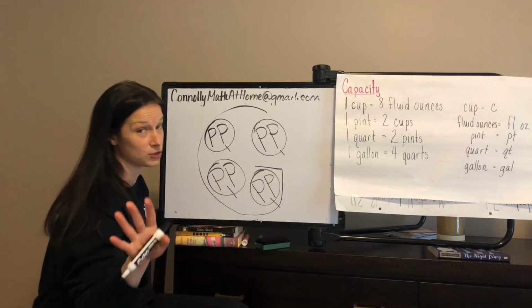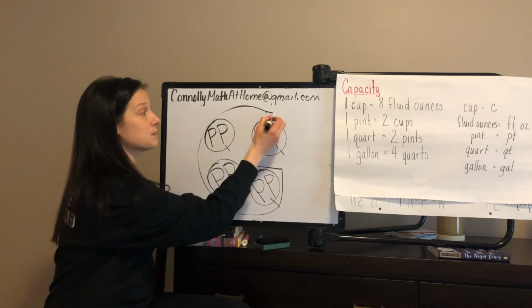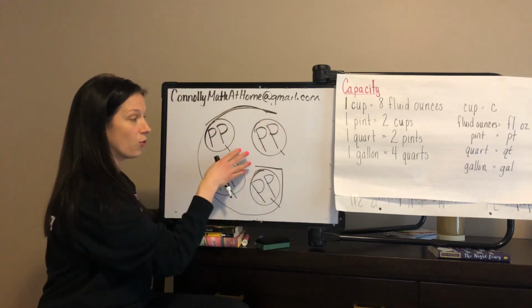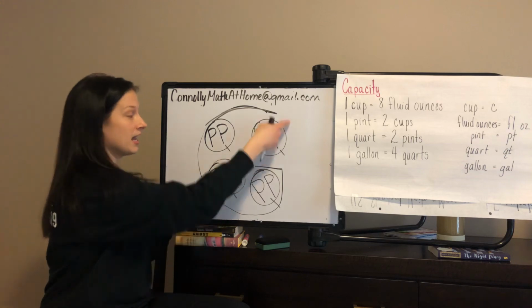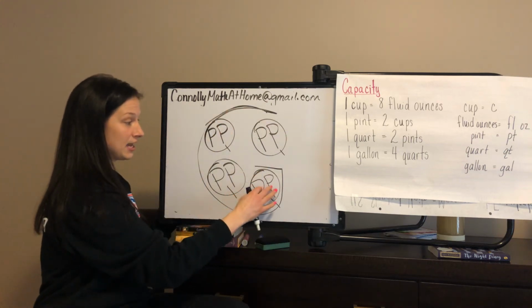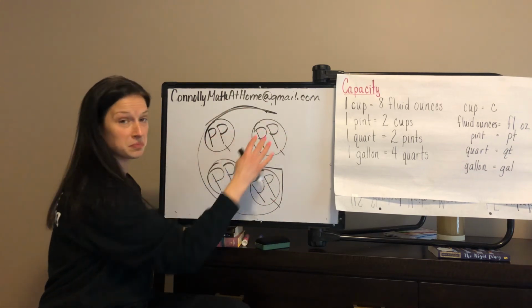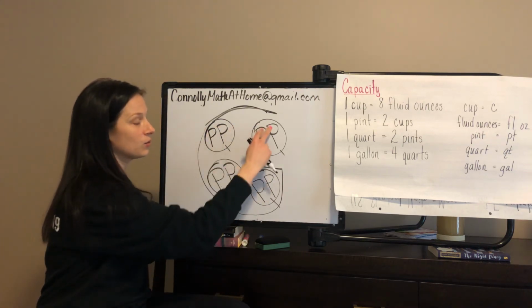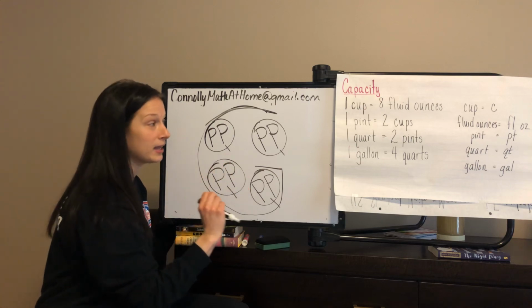I know this is a crazy picture, just stick with me. So how does this picture help us? I know that in 1 gallon, there's 4 quarts because there's 4 queens. In 1 gallon, there's 8 princes, or princesses, whichever one you prefer. So I see the 8 within the gallon, okay?